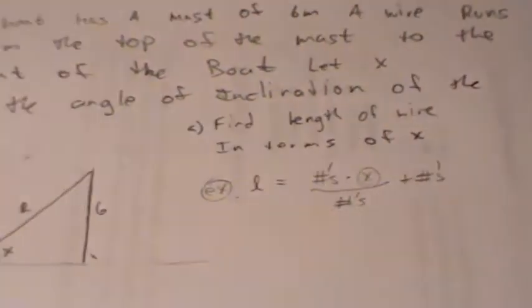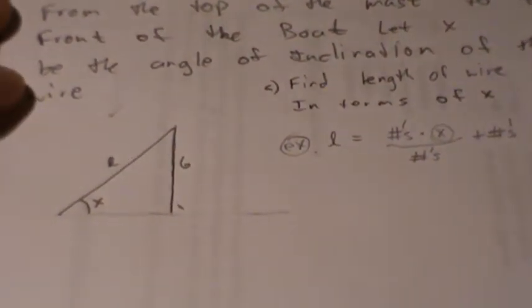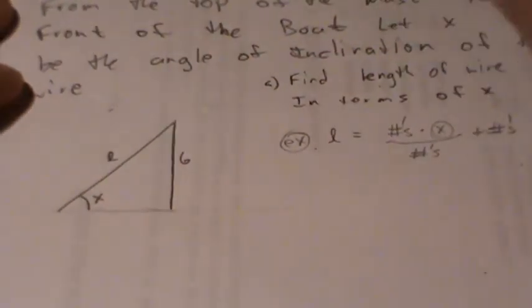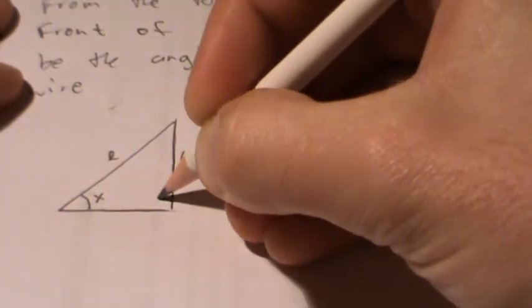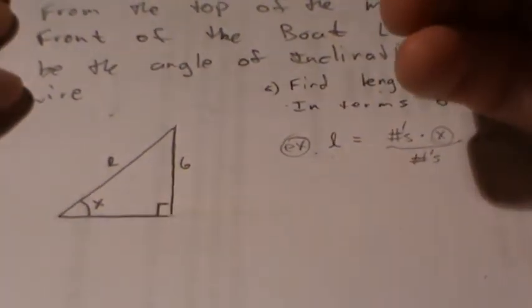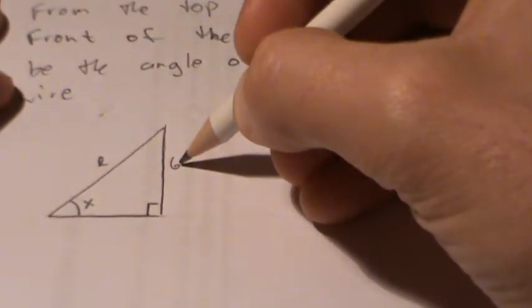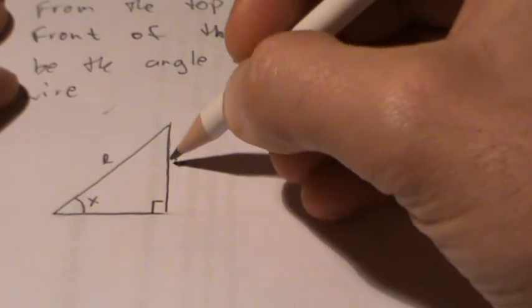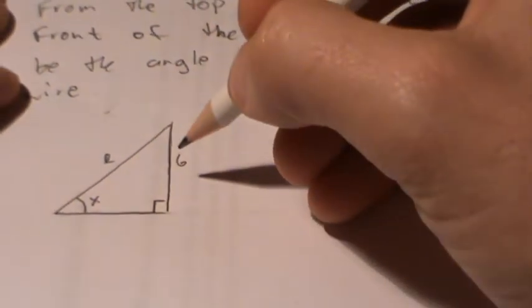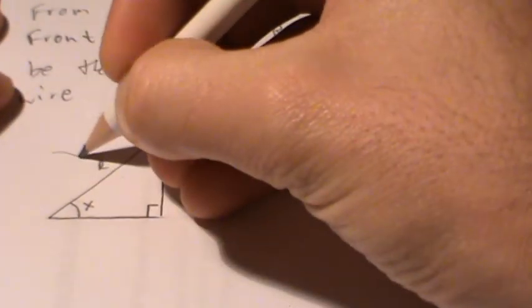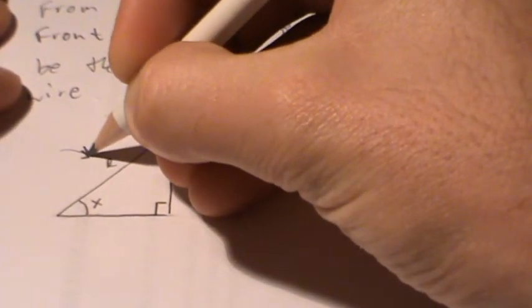Now if I go back and look at my triangle, I can see that the mast is always at a right angle here. I can see that the opposite side and the hypotenuse are being used here. So interesting.